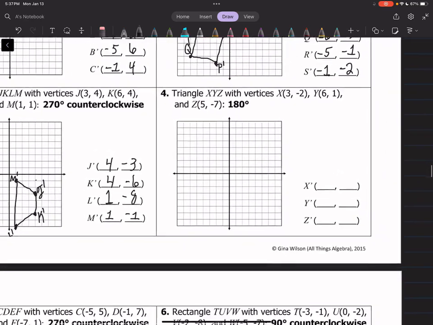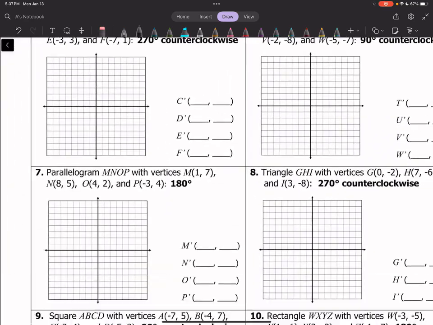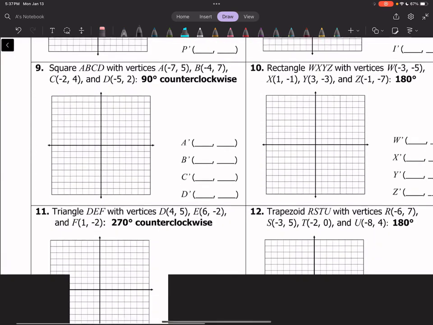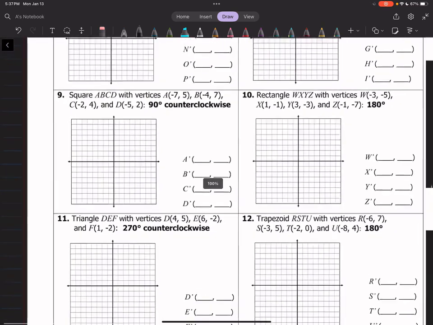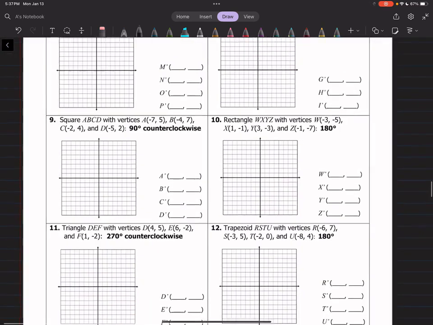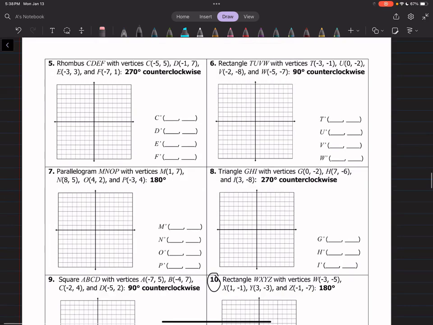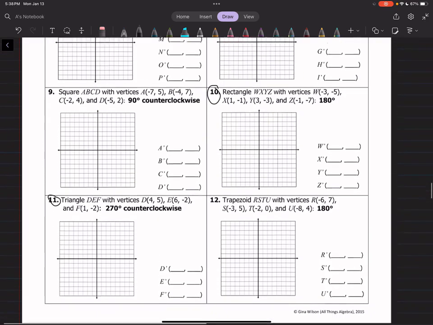I'm going to skip number 4, and I think I'm going to go down and do numbers 6, 10, and 11.